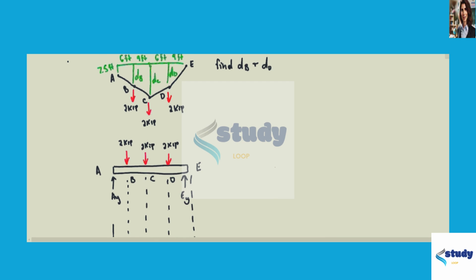So we're going to draw a simple beam underneath the forces, and we are going to start with doing the sum of moments around E, setting it equal to 0.